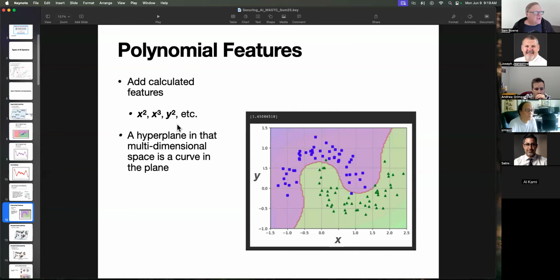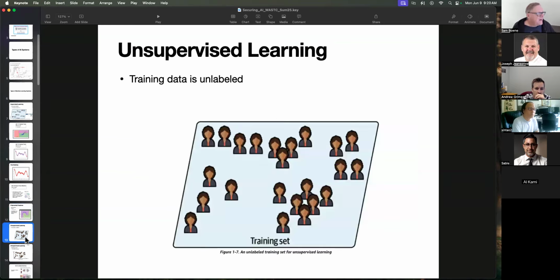And now every polynomial is a hyperplane in that advanced space. So when you project it back down to 2 dimensions, this curve looks like a curve, but it's really a straight line mathematically in this high dimensional space. So support vector machines turn out to be extremely useful, even in cases where you wouldn't think so.